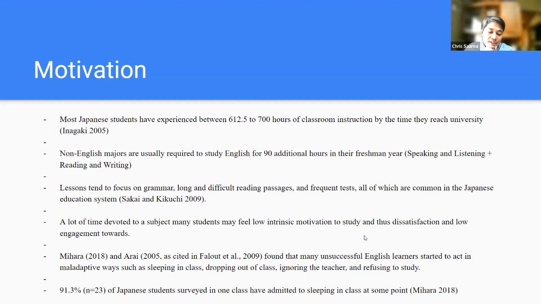These are all common things that I've experienced in my classrooms. I hope that you don't experience these things with your students, but my guess is most teachers will face problems with students sleeping in class, dropping out of class, or refusing to study. So there are a lot of motivational problems there.